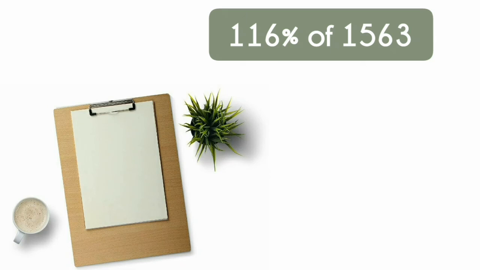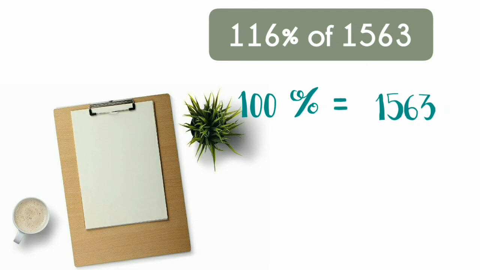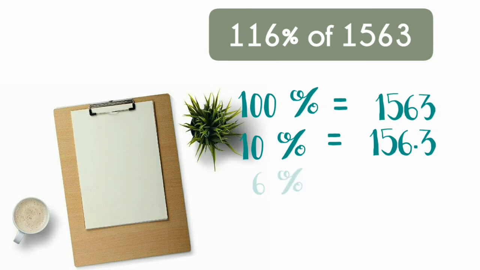In this example, we have to find the 116% of 1563, and you know that the 100% is 1563. 10% is 156.3. In this, first we add the 10% and then 6%. 1% is 15.63. We multiply the 15.63 by 6.